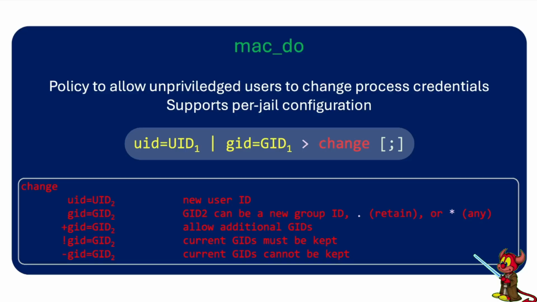The change means that you go, for example, from the user ID 1 or from the group ID 1 into another user ID. So it allows changing from one user ID to another user ID.